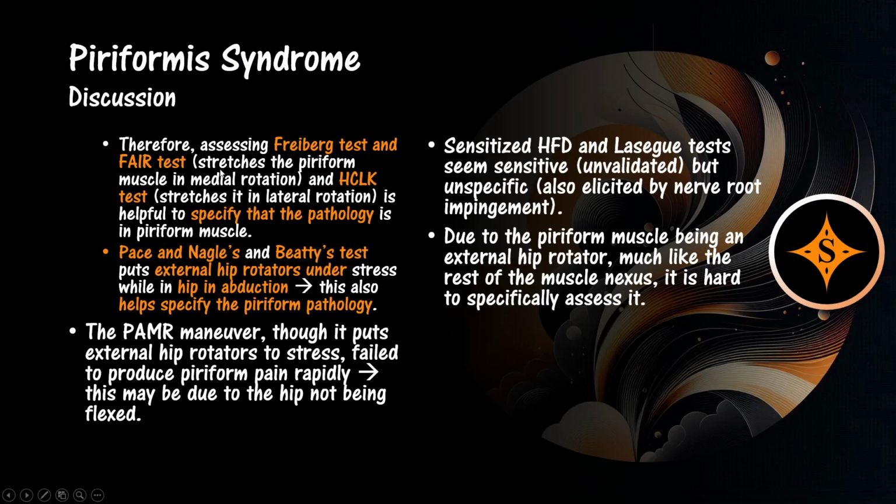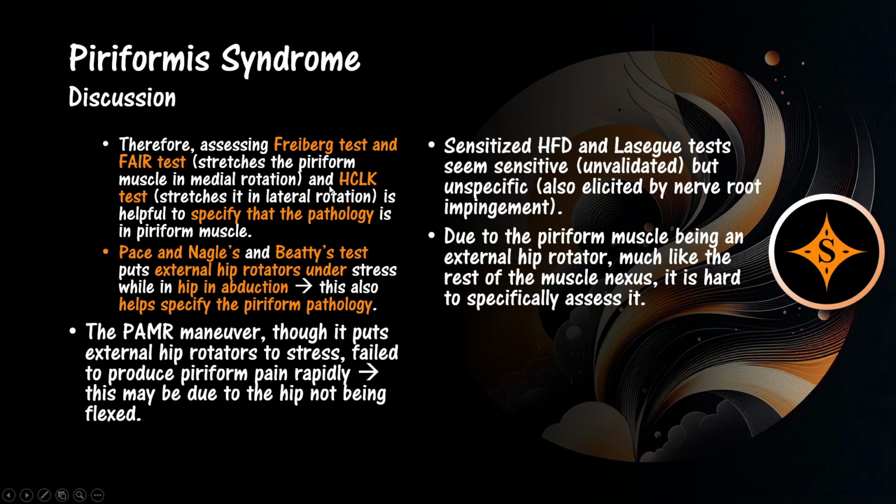Especially the Freiberg test and FAIR test, where these two tests cause stretching of the piriform muscle in medial rotation, and you combine it with HCLK, for example, where it stretches it in lateral rotation. If both are positive, this is very likely coming from the piriform, because the muscle that is in pain if you do these three tests is the piriform muscle.